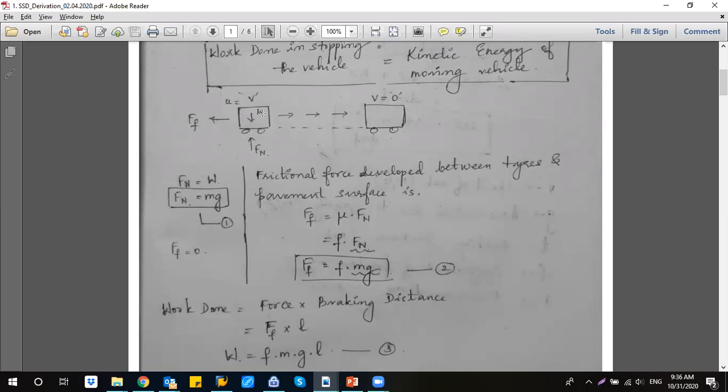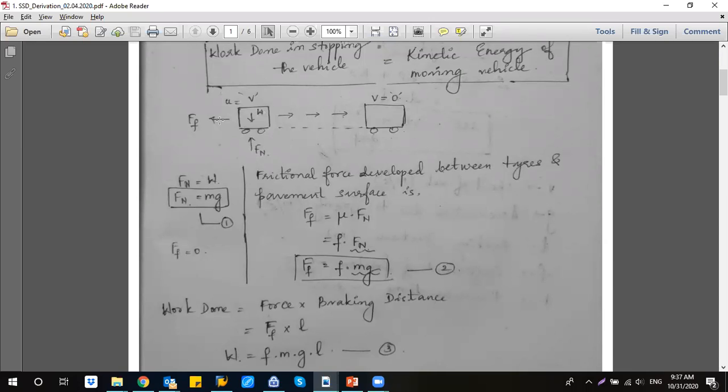The frictional force will always act against the direction of motion. Suppose the vehicle is moving towards your right side; the frictional force will act in the opposite direction. So always remember that the frictional force will act against the direction of motion.